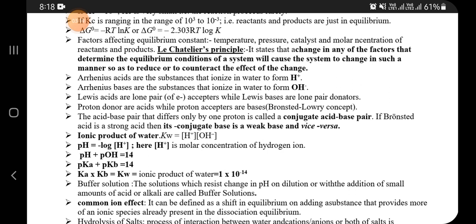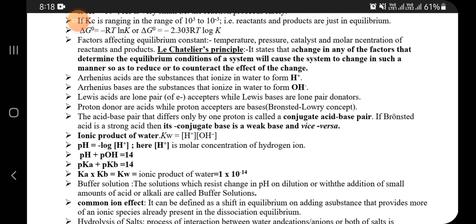Arrhenius acids are the substances that ionize in water to form H plus ions, and Arrhenius bases are the substances that ionize in water to form OH minus ions. Lewis acids are lone pair acceptors, while Lewis bases are lone pair donors.